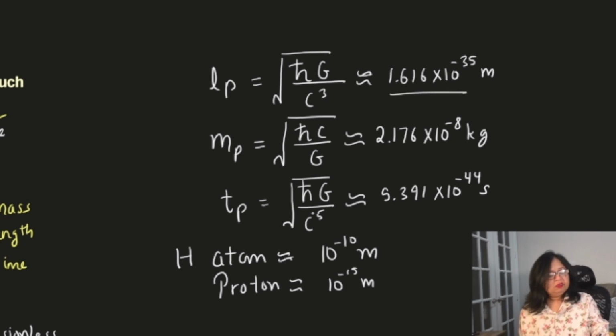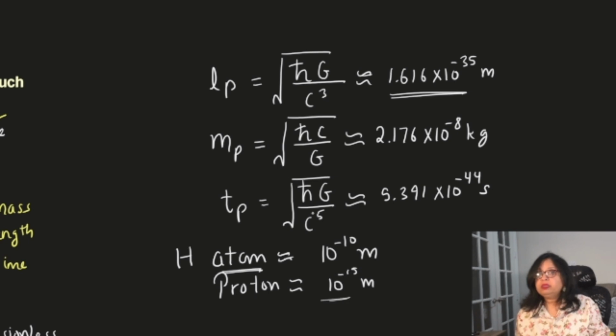So the Planck's length is approximately 25 orders of magnitude smaller than the size of a hydrogen atom, which is the smallest atom. And it is about 10 to the power 20 times smaller than the size of a proton. In other words, a proton is 20 orders of magnitude larger than the size of Planck's length.